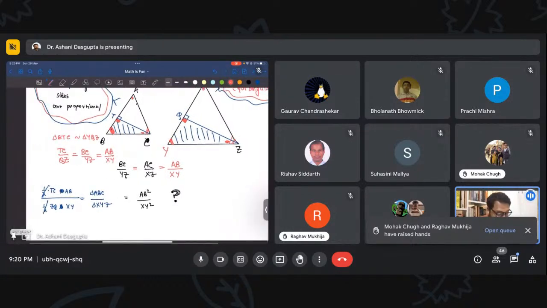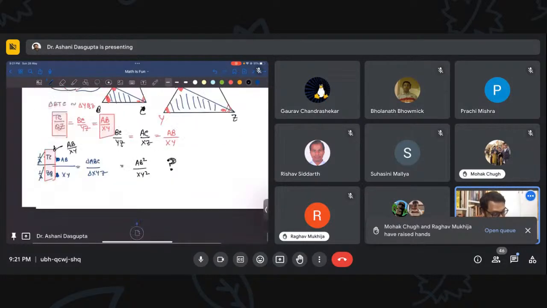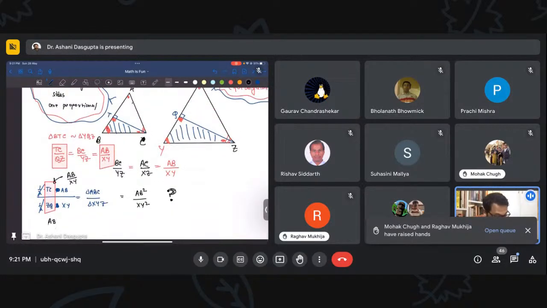So what we just did is that we had TC upon QZ here, and we know TC upon QZ is equal to AB upon XY, so we will just replace it by AB upon XY. So now we have AB upon XY times AB upon XY is equal to triangle ABC divided by triangle XYZ.